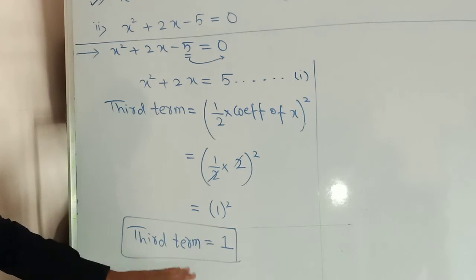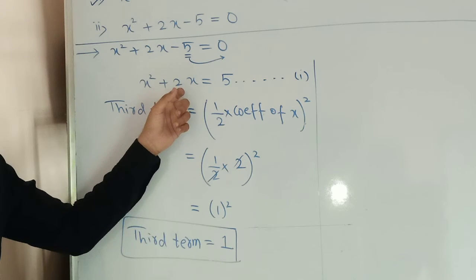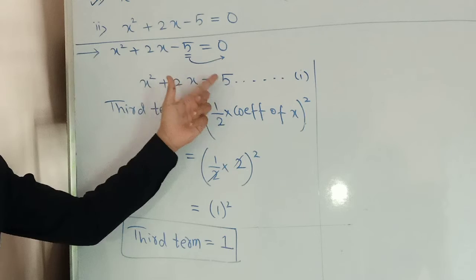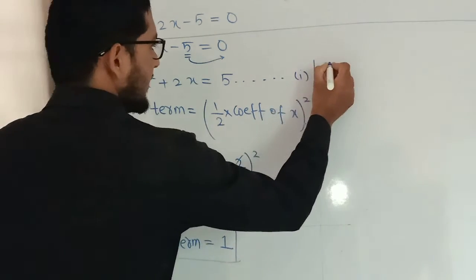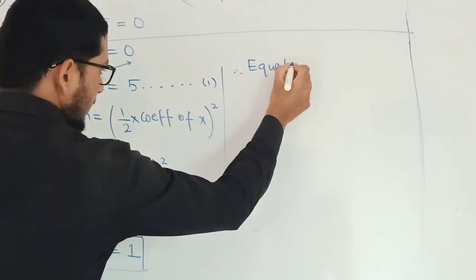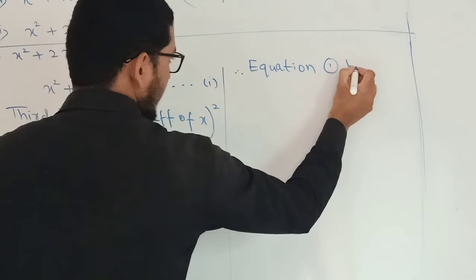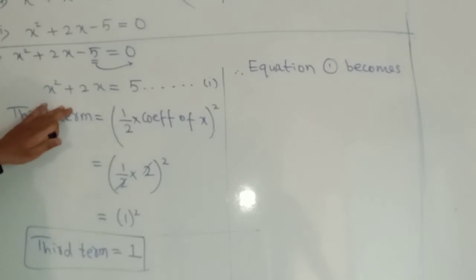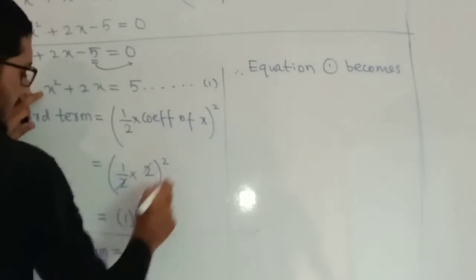Now, after this, we have to add this one number in equation number 1. ये 1 को, लास्ट टर्म को, थर्ड टर्म को हमें इक्वेशन नंबर 1 में ऐड करना है, LHS में as well as RHS में. Therefore, you can see here equation 1 becomes, so this is your equation x square plus 2x equal to 5. अब हमको इसको उधर ऐड करना है ये 1 को इसमें.